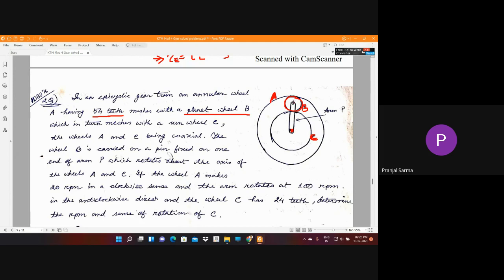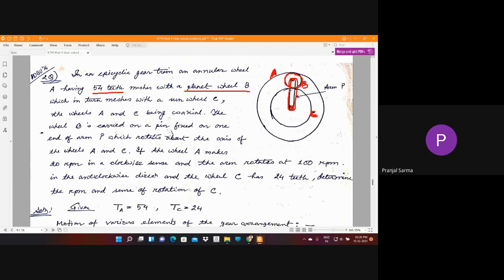It is carried on a pin which is fixed on this particular arm P, and this is the arm location. This arm is rotating about the axis of the wheels A and C, which is the same axis.